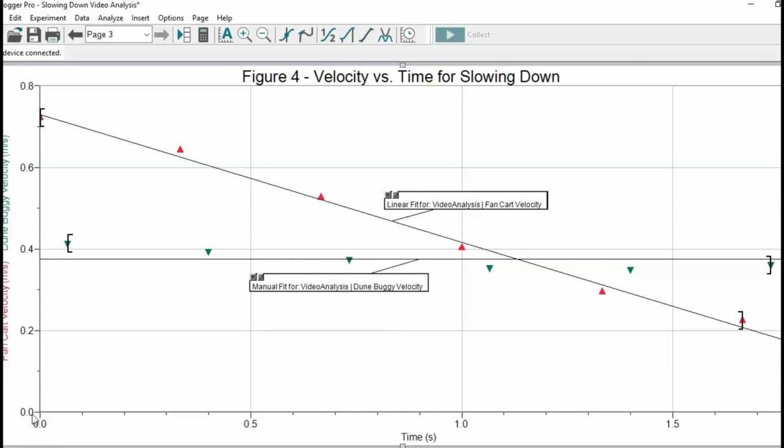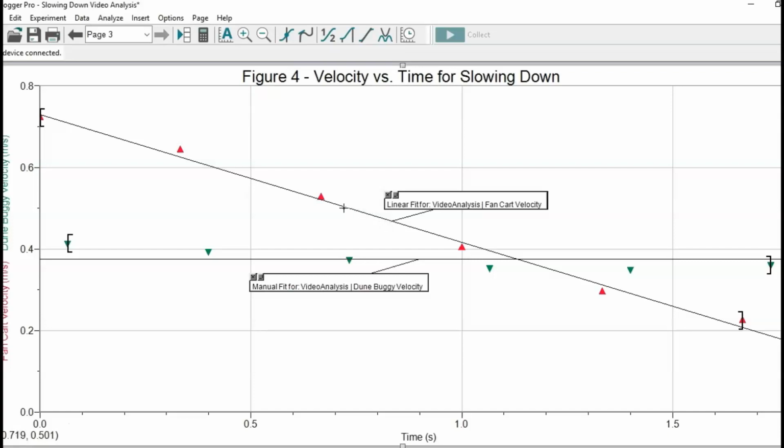Remember, down here at velocity equals 0 is the time axis. So whenever an object is slowing down, the velocity line is going to be straight, and it's going to start further away from the time axis and move toward the time axis. That's the opposite of an object that's speeding up.